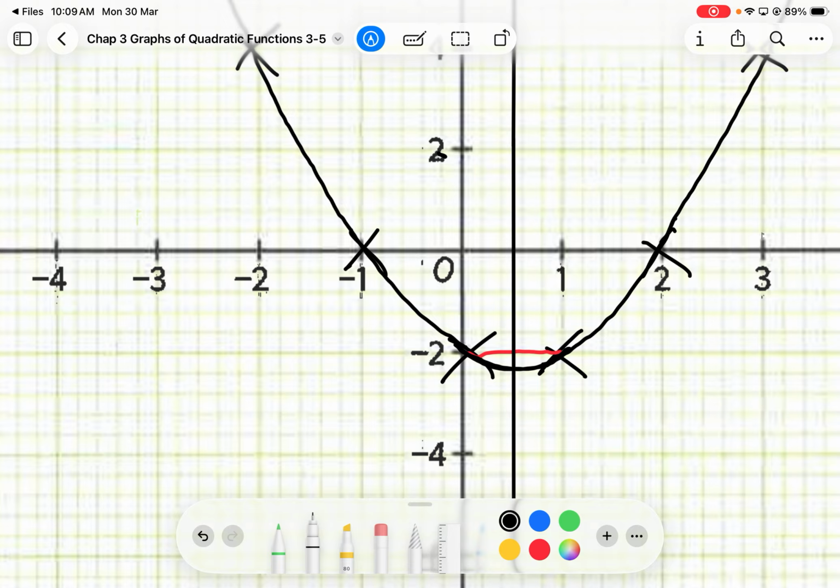Okay, now back to your straight line. What is the equation of this line of symmetry? What is the equation of this line of symmetry? This vertical straight line. 0.5, but what is 0.5? What is 0.5?